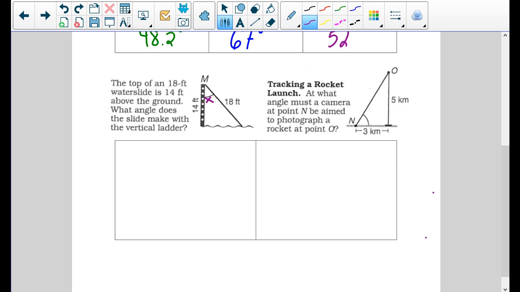What are those two sides? 14 is adjacent, 18 is my hypotenuse. So AH is looking at what trig? Sine, cosine, or tangent? Cosine of my angle equals adjacent 14 over hypotenuse 18. So second cosine 14 over 18, and that angle should be what? So about 39 degrees.